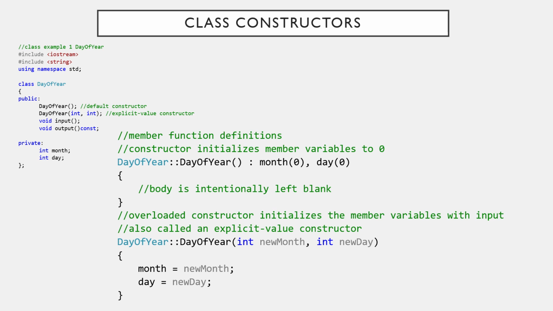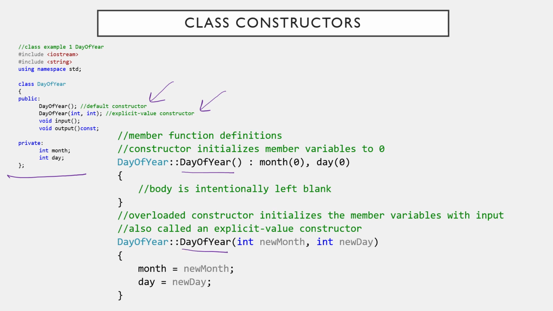So this class happens to have two constructors. It has the default constructor and the explicit value constructor. We are separating the declaration here from the implementation, so you need to use the scope resolution operator. The constructor is the same name as the class.